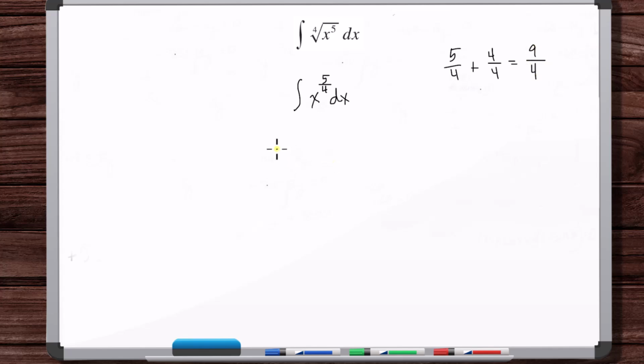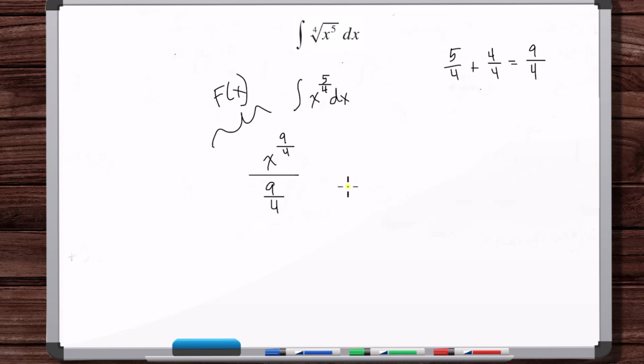All right, so we've got x to the 9/4 over 9/4. Okay, so that's it. This is capital F of x. This is the expression with one or more terms where every one of those terms has at least one x in it. And when we take this derivative, we get x to the 5/4.